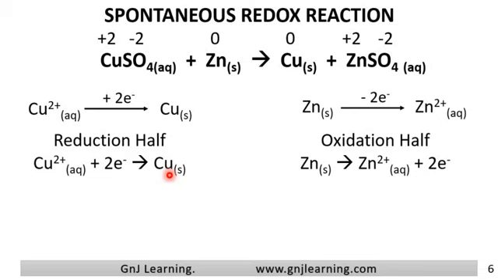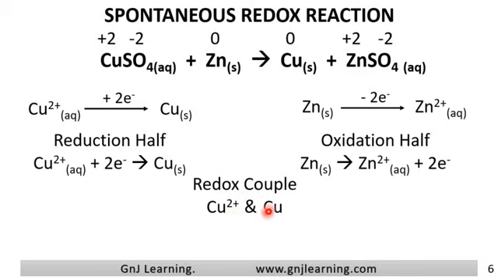So there are two forms of the same species in a redox reaction. The two forms form a redox couple. So redox couple means the same species having two different forms in the same redox reaction. That's called a redox couple. The difference between these two forms of the redox couple is 2 electrons.